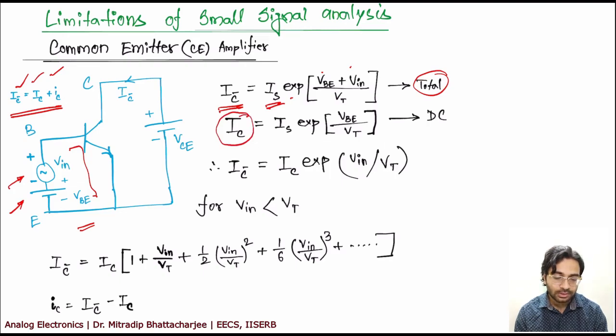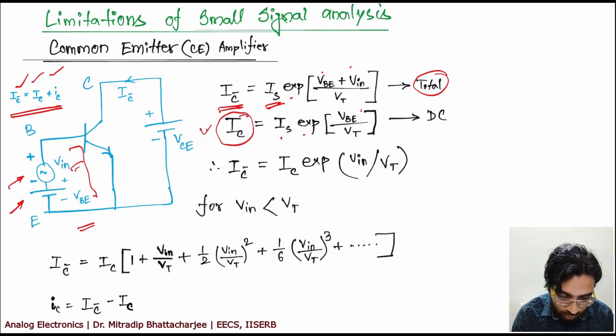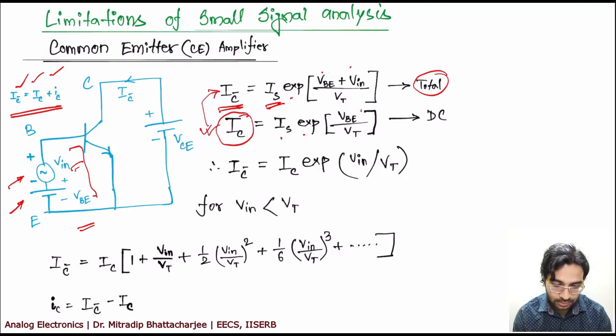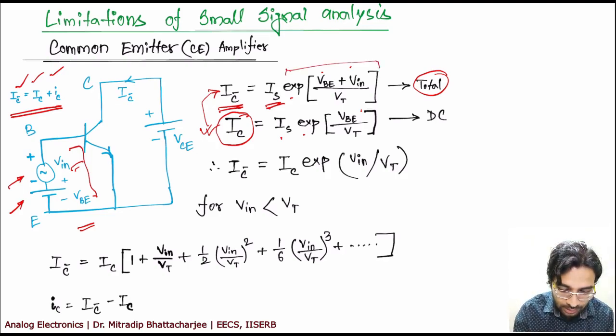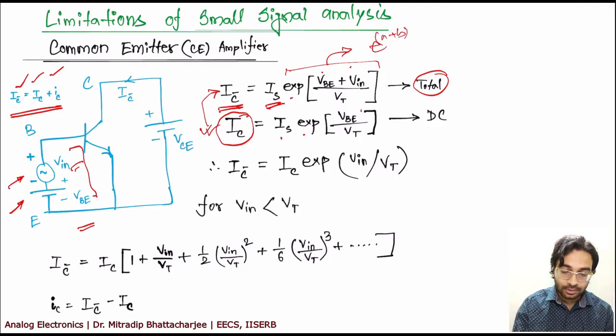What about the DC component? The DC component will be reverse saturation current into exponential VB by VT. Vin will not come because we are only considering the DC value. Now let us replace this equation into this. Now what is this expression? If you check only this part, it is like e to the power a plus b, right? Which is e to the power a into e to the power b. Now what is the value of a?